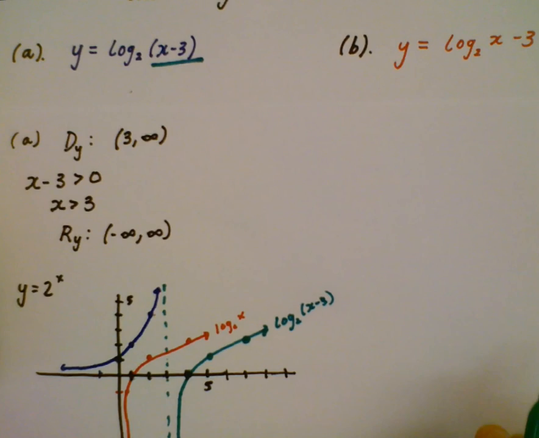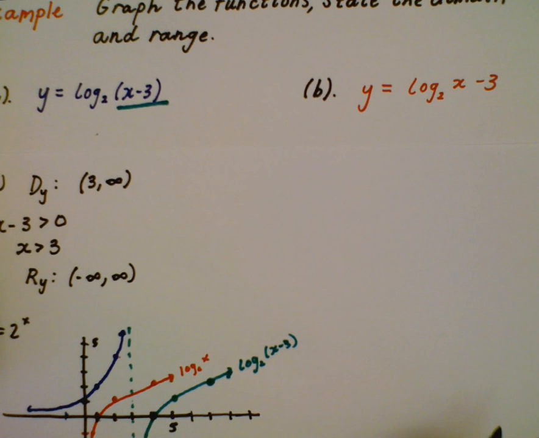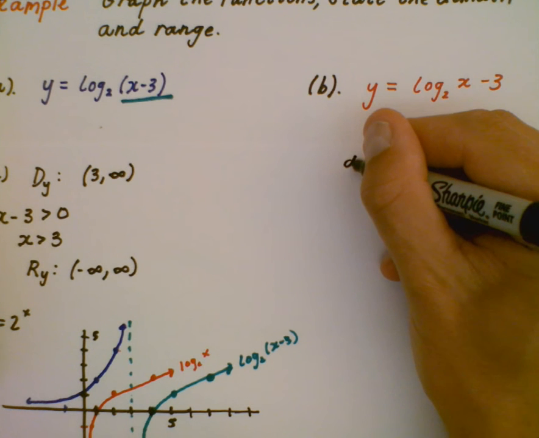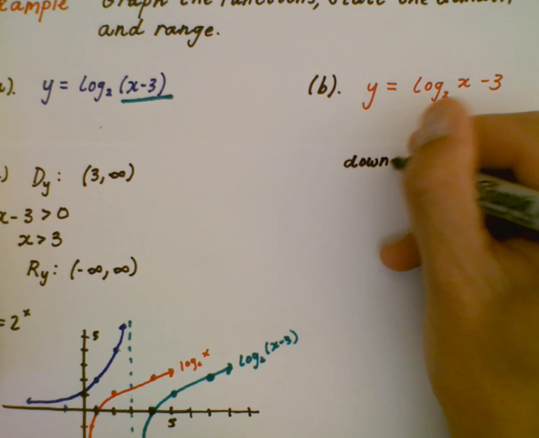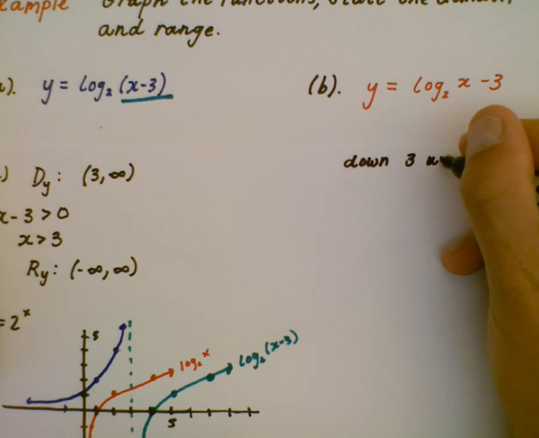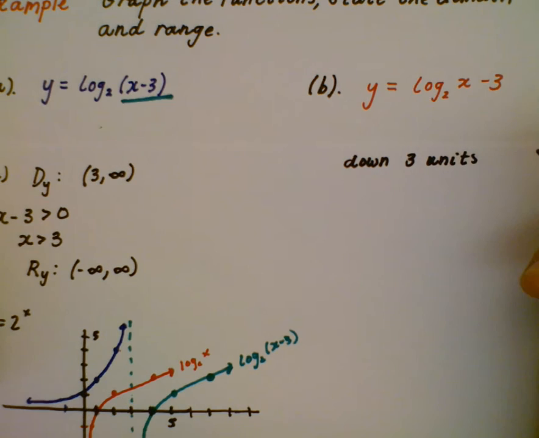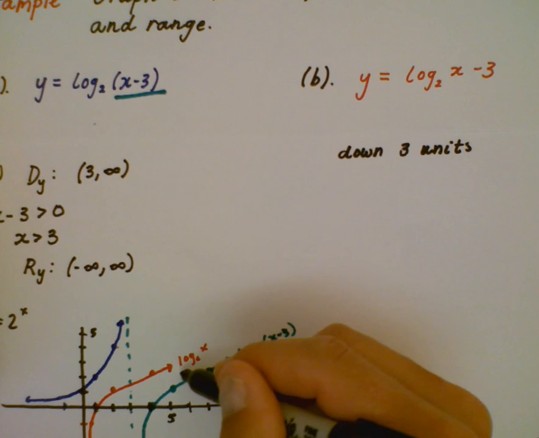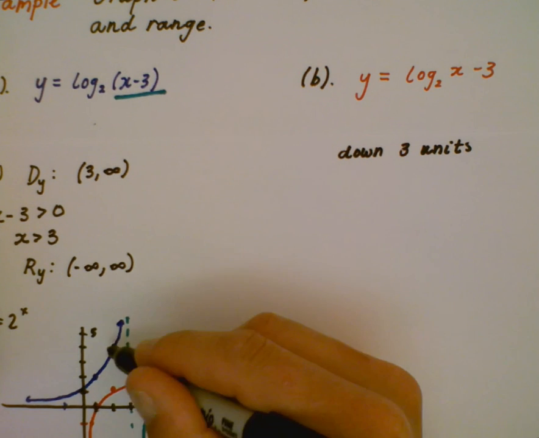So let's look at the second one here. Now this one, if we look at it, it's x minus 3, but the 3 is on the outside. So this is going down 3 units. Okay? Now we know it's log base 2 of x, so we can actually just plot this function here. We can skip plotting the exponential first.